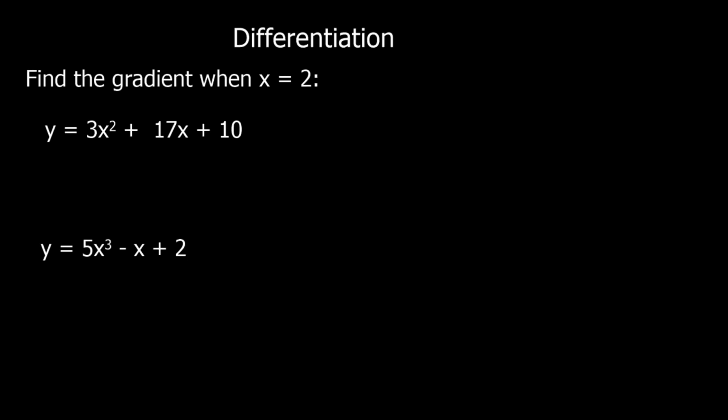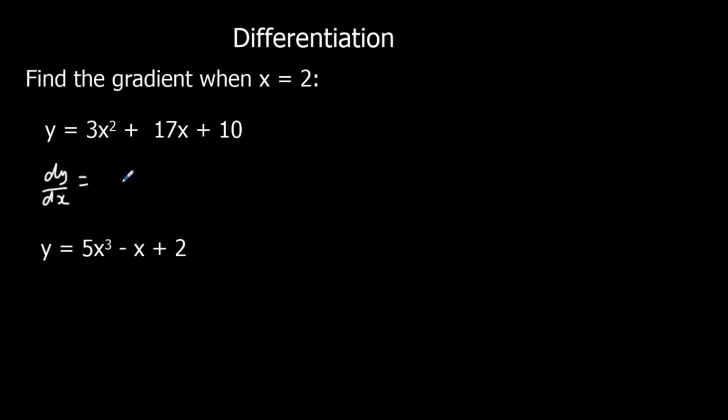Okay, so here's some differentiation questions. What we've got to do is find the gradient when x equals 2. So we need to find dy dx, which is the gradient function of a curve, and then we're going to substitute in x is 2 to find the gradient at that point. So the first step, we're going to do dy dx, and the process is times in by the power, taking 1 off the power.